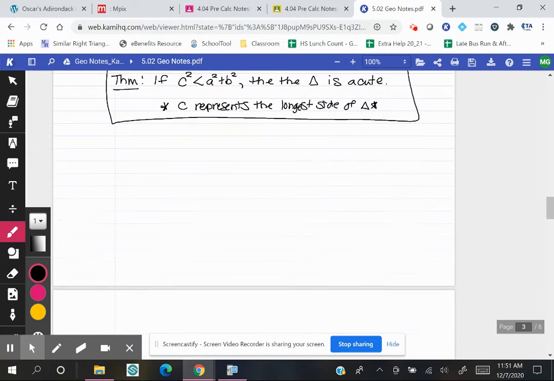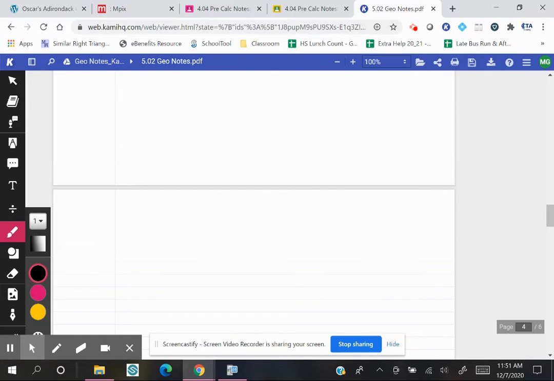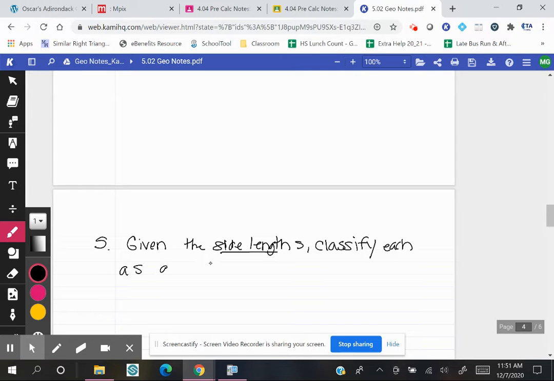All right. So for each of the following, I'm going to give you 3 sides. And then again, I'm giving you side lengths. I'm not giving you anything to do with the angles, but I want you to classify each of those triangles as acute, obtuse, or right.